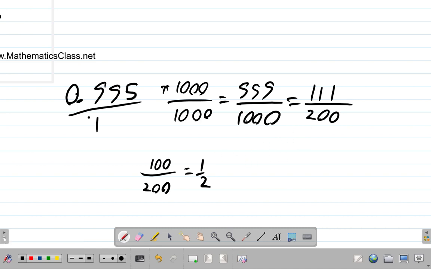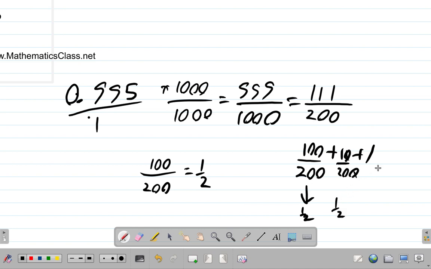And then, what else do you have? 111 is the same as 100 plus 10 plus 1, right? So you do 100 over 200 already. This gives you half. Then 10 over 200, we cancel down and it gives you 1 over 20.